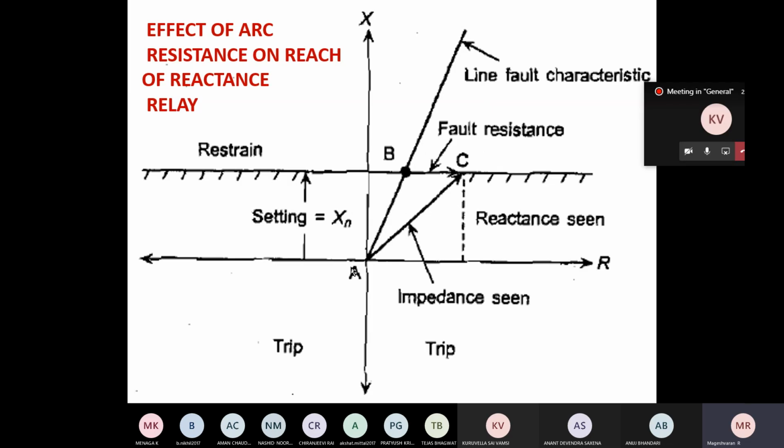Now, initially, let us assume line AB is the line fault characteristic when there is no arc in the fault. Now, for the second case, let us assume there is an arc in the fault path with an arc resistance equal to BC. Just keenly understand the word I'm using: arc resistance. I'm not using arc impedance, it is arc resistance.